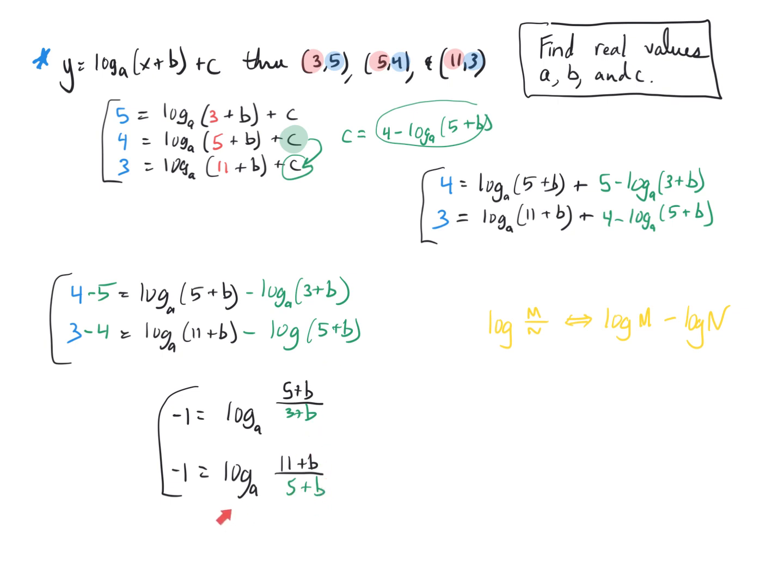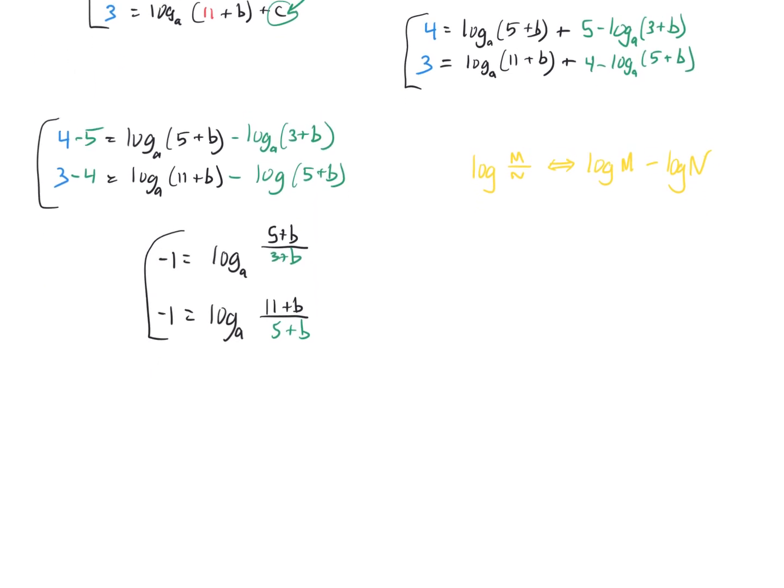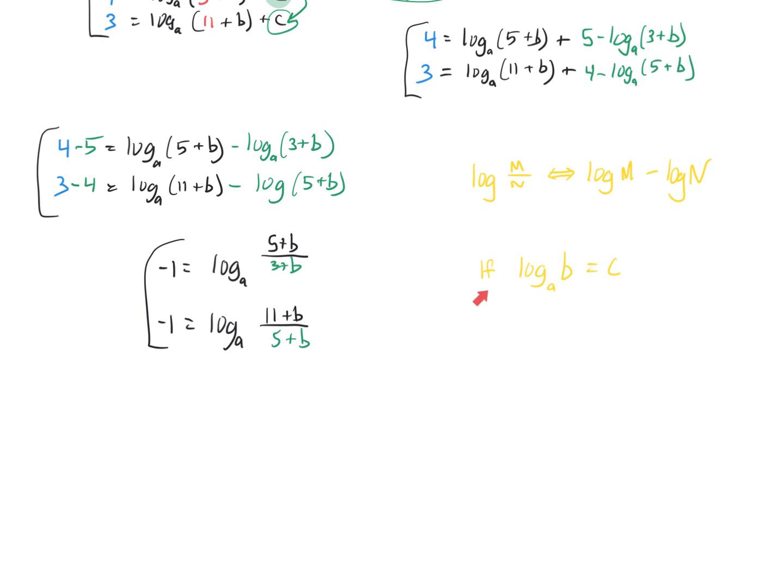All right, next we're going to use another property of logs, or actually the definition of logs. Remember that if log base a of b is equal to c, the logarithm is equal to the exponent. So c is the exponent that you'd put on the base a, because log base a of b is equal to c.